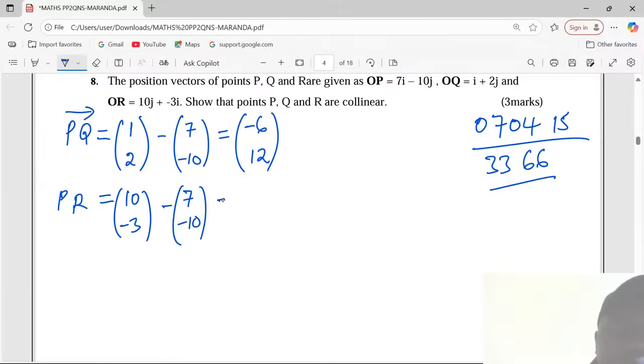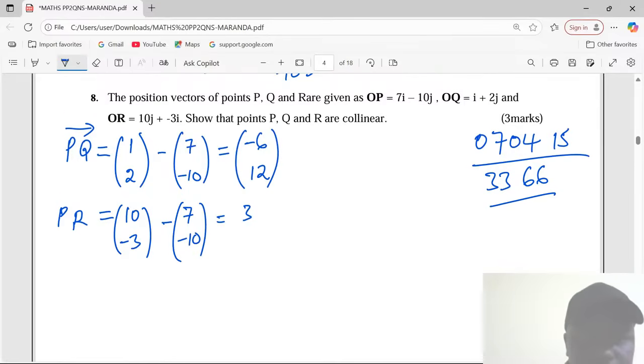So here I'll be getting 3, and on the other side, I'll be getting −3 plus 10, which is 7.